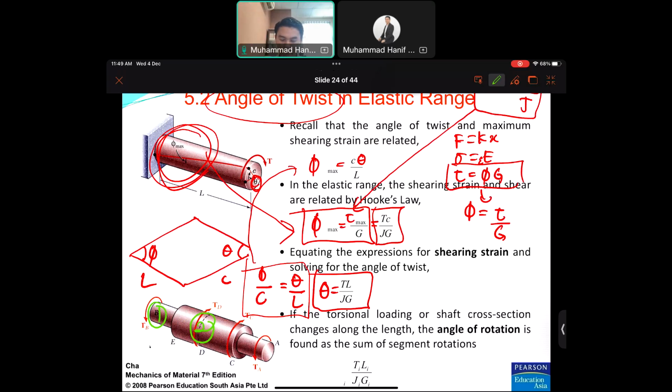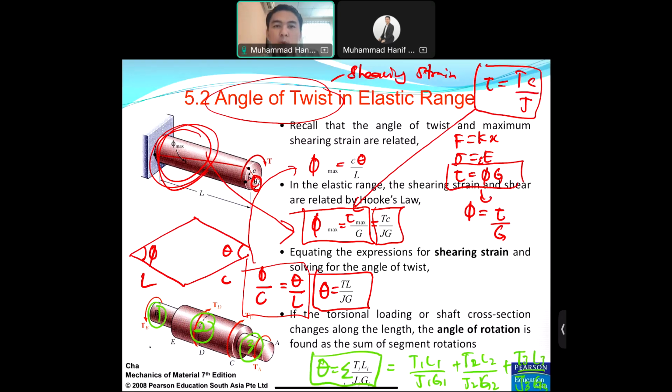This happens when you have different segments. But in the end, you only have to remember TL over JG. The best thing is to remember the root equations. The root equation for the shearing stress is tau equal to TC over J. The root equation for the shearing strain or angle of twist is theta equal to TL over JG.